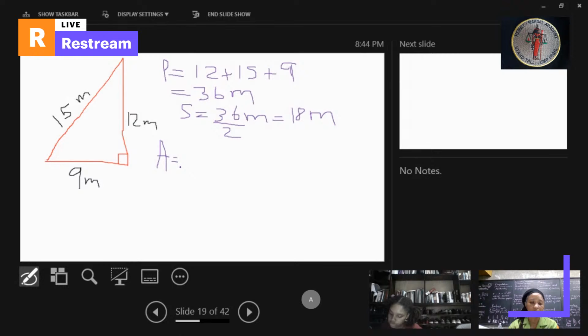All right, so now using Heron's formula for the area. Yes, miss. So we're going to find the square root of the semi-perimeter 18 times 18 minus side A, which is 15, so 18 minus 15, then 18 minus 12, then 18 minus 9.